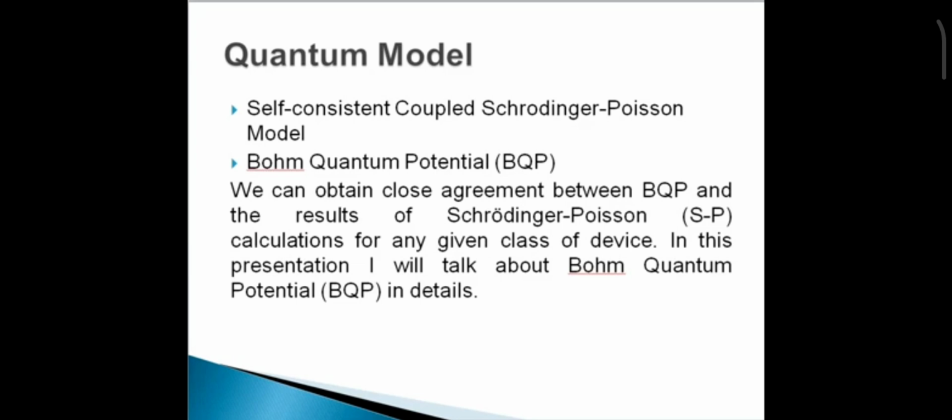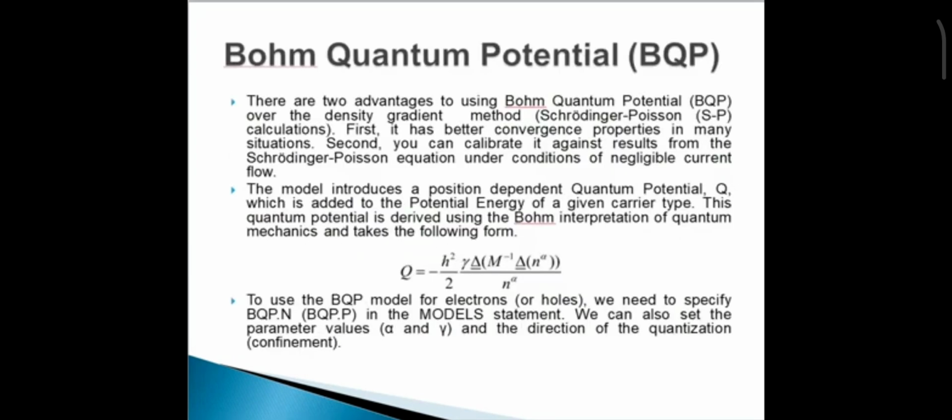This is the best model for nanowire FET in Atlas TCAD tool. Bohm quantum potential model. This model was developed for Silvaco by the University of Pisa and has been implemented into Atlas with the collaboration of the University of Pisa.